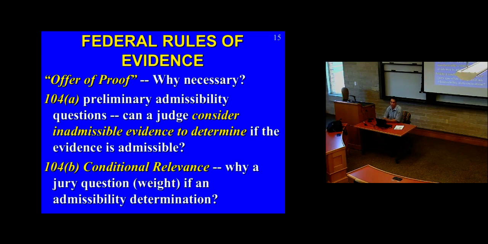Conditional relevance is just saying that we will give the issue to the jury to determine an item of evidence, even if you can argue as a factual matter the item of evidence would not be relevant. For example, an often used example would be a car crash where a hubcap from the car crash came off as the two cars collided, and then it was in an adjacent field, and later it was found.